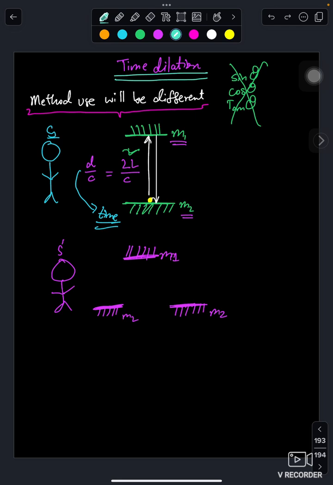When we observe something with respect to its movement, or the person who is moving, we will see the event. Remember, event has different meanings. The event will be happening at different places. This will be the speed of the photon, then the direction and the distance, then again back.